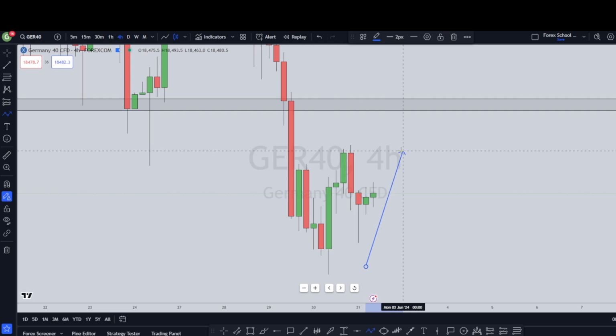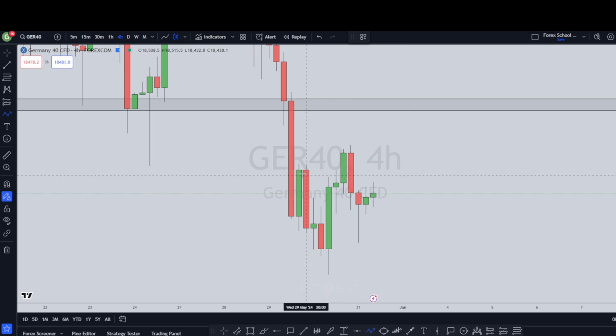Now, after an impulsive move, we expect a retracement, and that's precisely what happened. Price retraced, and it is now testing this area of minor support, which is the neckline of the W formation, and in doing that, the W formation is completed.